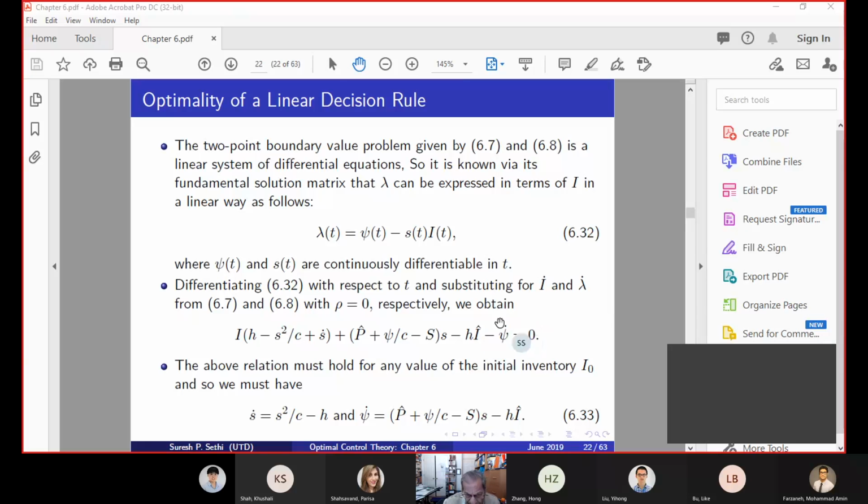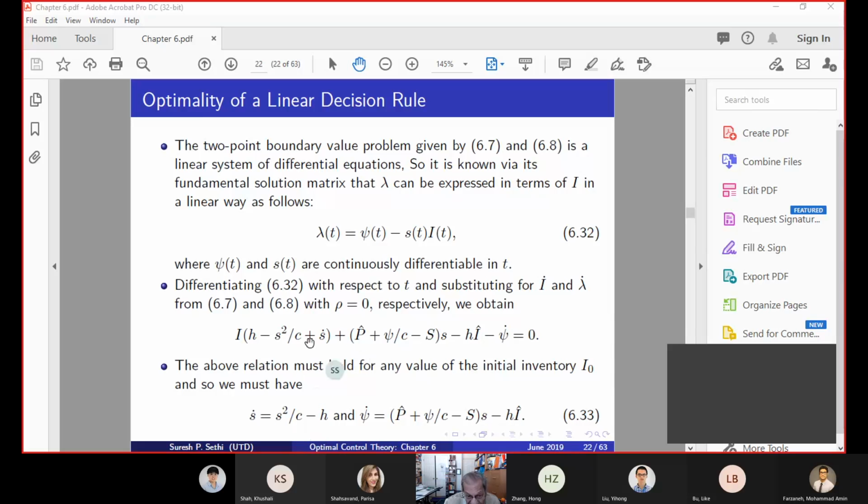Notice that this equation must hold for any value of initial inventory. If it holds for any value of initial inventory, then this quantity, which is the multiple of I, has to be equal to 0. So that equal to 0 gives us one differential equation.